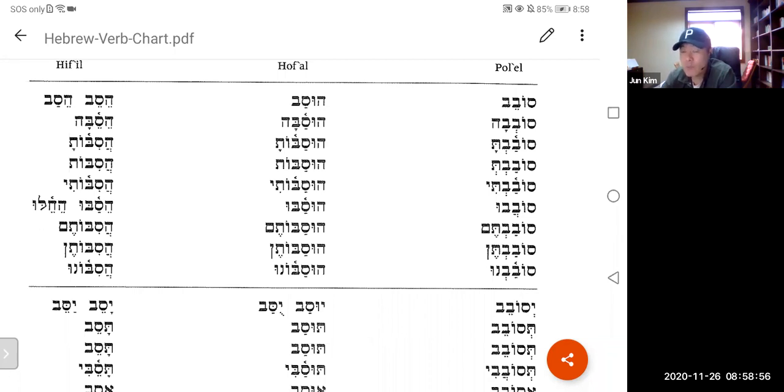It normally carries the intensified meaning of the verb. In terms of the form, the vowel system follows those sounds. So you expect this is Polel: the first vowel point should be o, and then the second vowel point is e. So o, e, right? The vowel sound normally works that way.